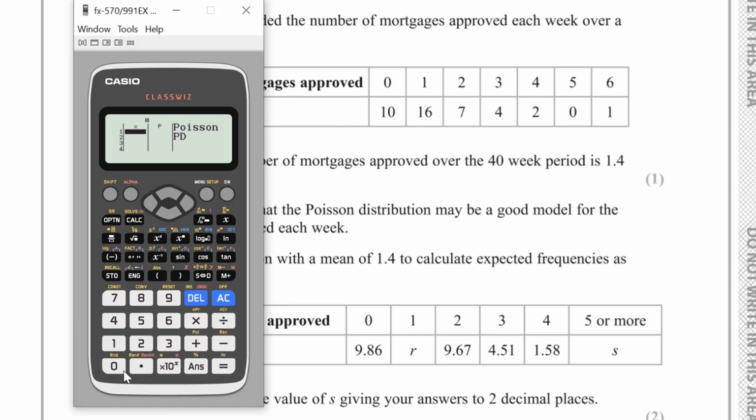So we've got 0, 1, 2, 3, 4, 5, 6. Our mean is equal to 1.4. Actually, a better way of doing this: can I delete values here? We're looking at 5 or more, so let's delete this.